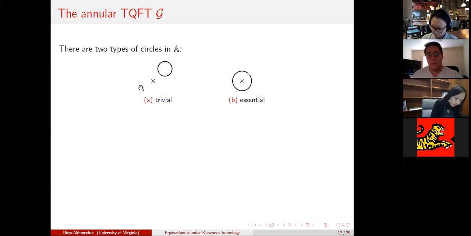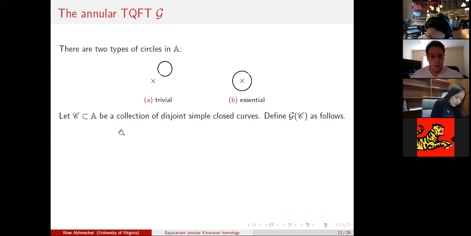And this is an important point. So I'm trying to define this G. Let script C be a collection of disjoint simple closed curves in the annulus. This is something that you see, like, at a smoothing of a link diagram. This curly C, and I'm going to define G of C as follows.